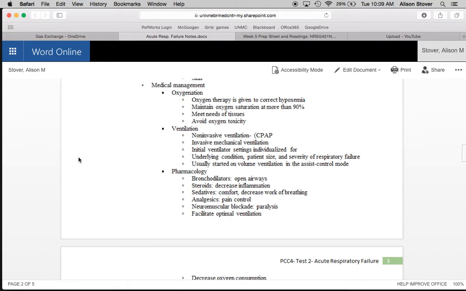Ventilation, examples of non-invasive ventilation would be like CPAP and BiPAP. If your patient's experiencing acute respiratory failure, I don't think CPAP and BiPAP would be first-line therapy. I think what you'll do is move directly to intubating the patient. Obviously, you wouldn't be doing the intubating.